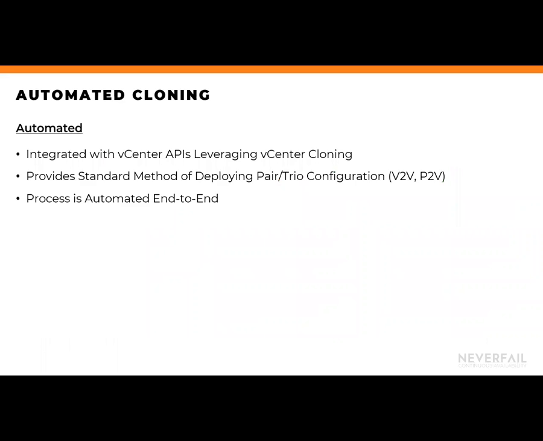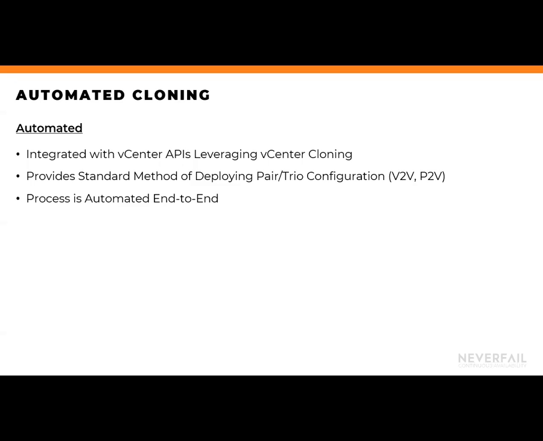So let's talk a little bit about automated cloning. This is actually built in. So if you have a user that has a local VMware environment, and everything's managed on a single vCenter, you can use this to actually automate the entire cloning process. So you register a vCenter with Continuity Engine.